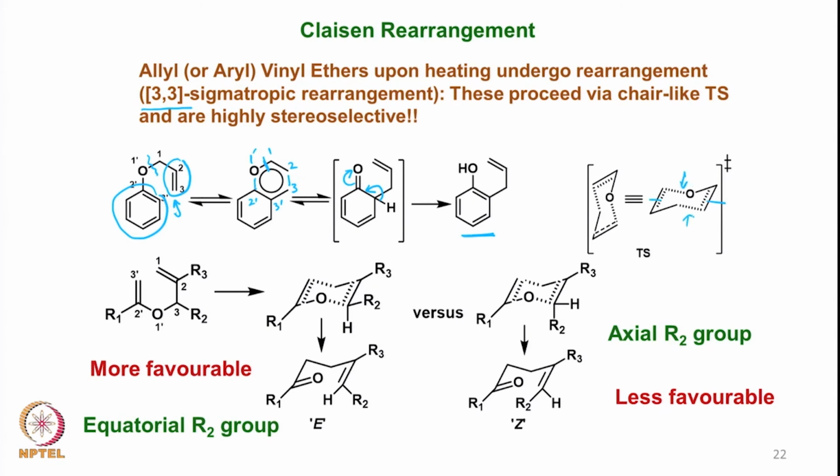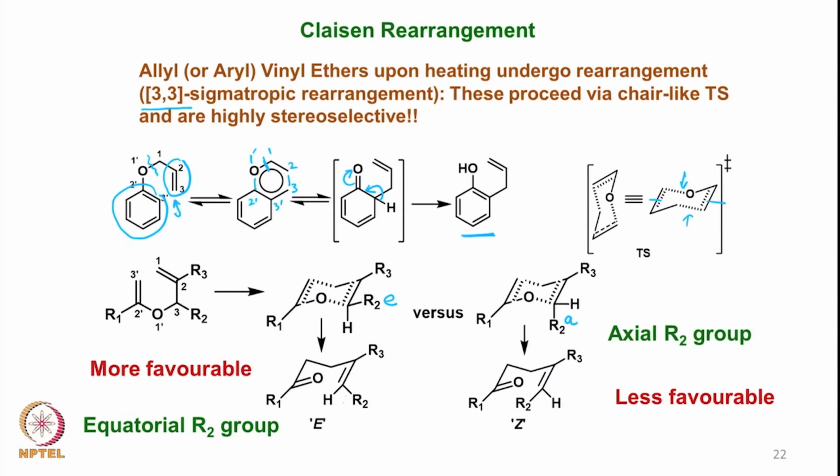Now as we can see here, if we look at the transition state with substituents around in non-aromatic substrates, then we can see the R2 group here versus the R2 group here. Here it is equatorially oriented and here it is axially oriented, and the rest of the things are of course the same.